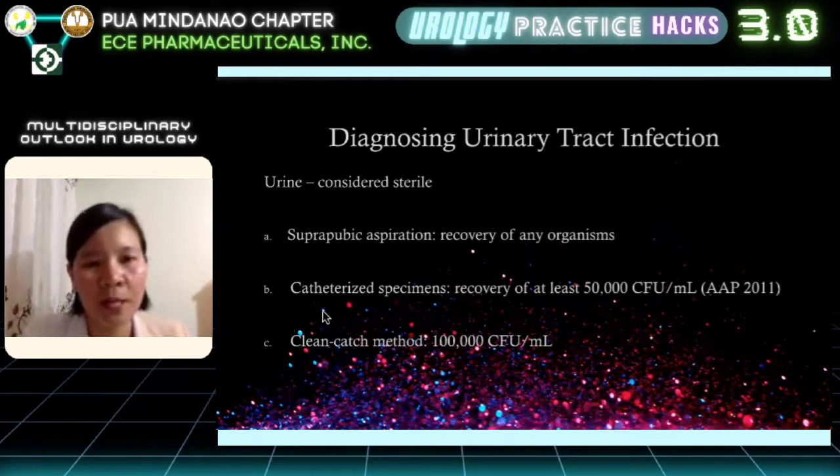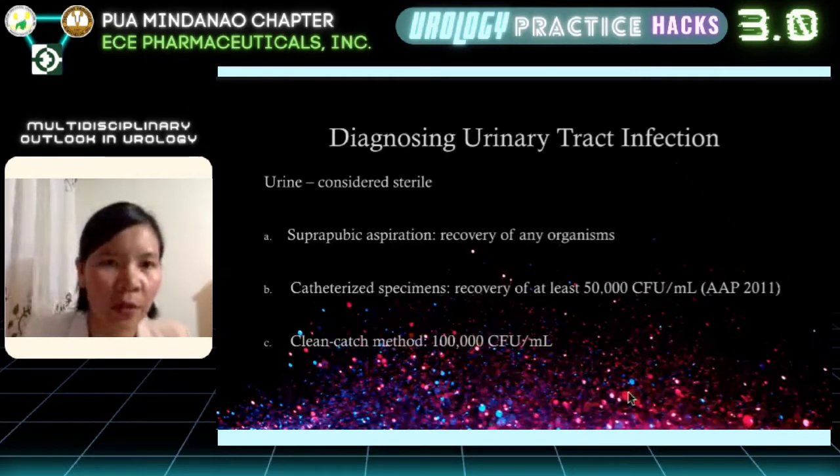For catheterized specimen, according to the American Academy of Pediatrics, 2011, the recovery of at least 50,000 colony-forming units per ml is diagnostic of urinary tract infection. And if you're going to use the clean catch method for urine specimen, recovery of more than 100,000 colony-forming units per ml is diagnostic of urinary tract infection.